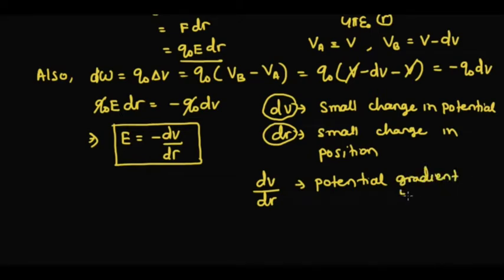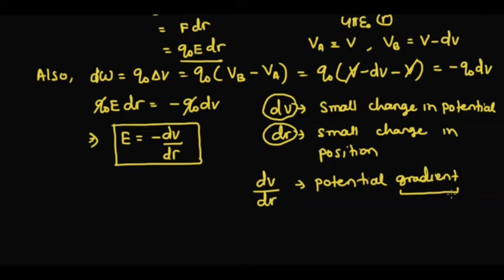So remember that the meaning of the term gradient means the change in some quantity with respect to position. We know that electric field is a function of position and electric potential is also a function of position. So when the position changes, then definitely the potential changes, and dV by dr is known as potential gradient. And what is electric field?